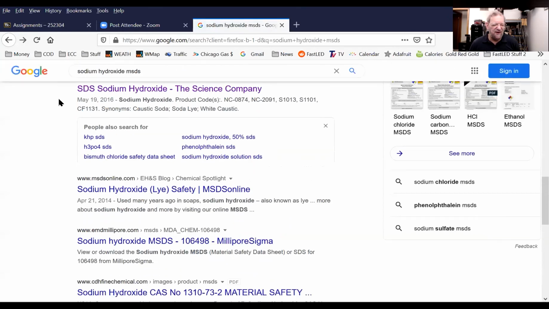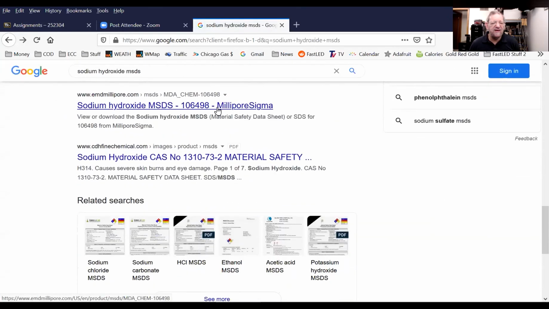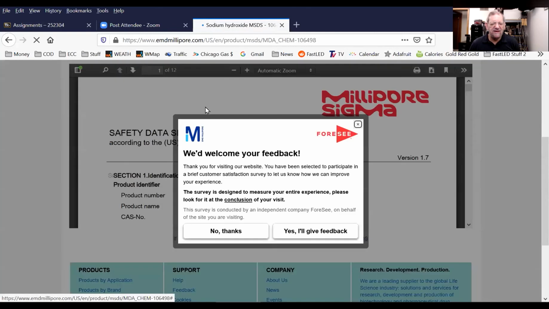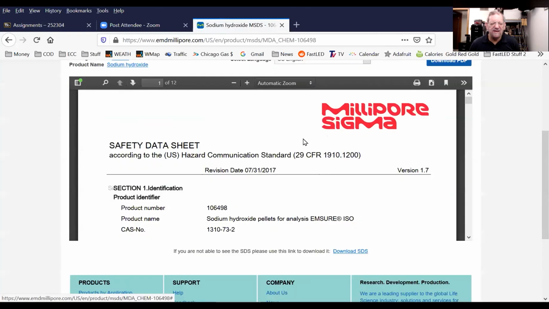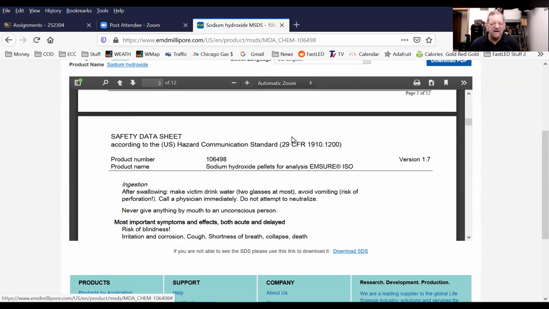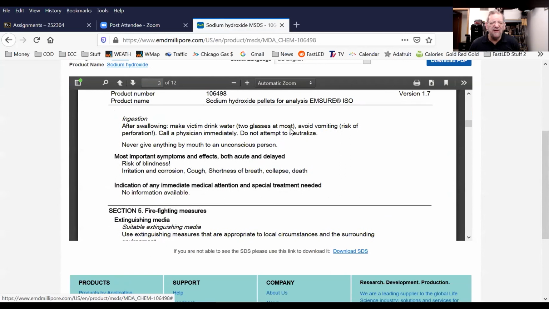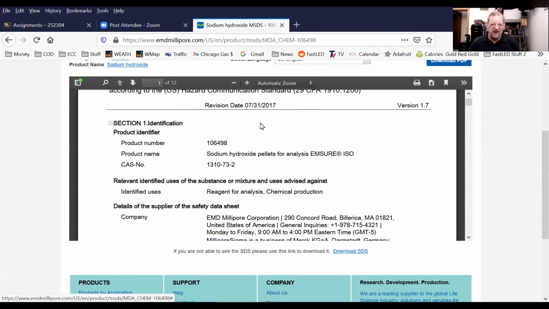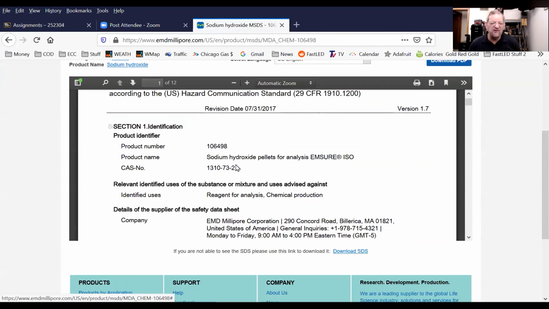Let's see if I can find one. All right, Murphy's rule.